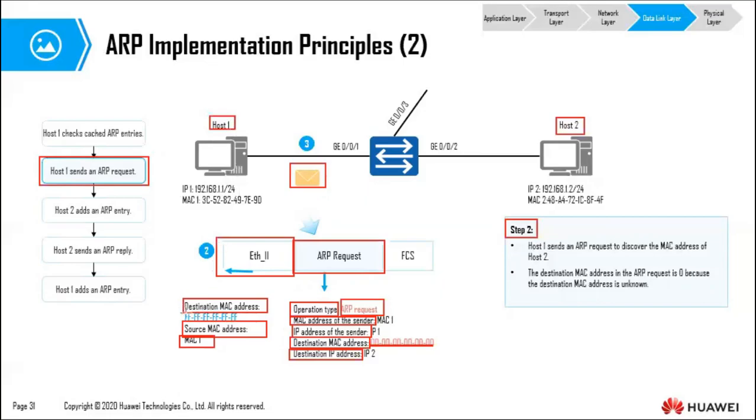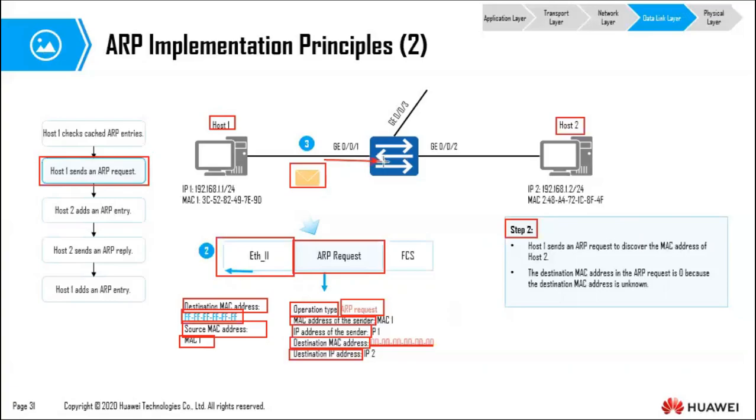But the destination address will be all Fs. All Fs means this frame is a broadcast frame. How is the broadcast frame treated by the switch?